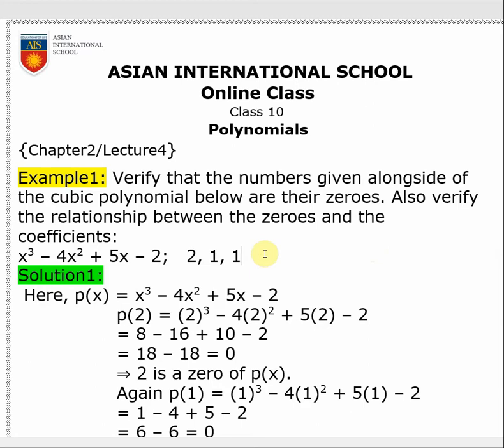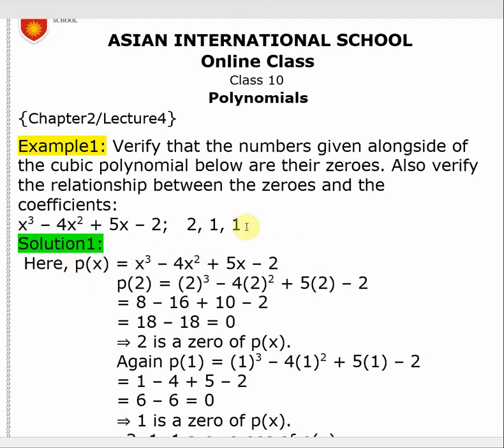Now we have to check whether these are correct zeros of this polynomial. That is verification. Then we have to verify the relationship of the coefficients with the zeros, that means alpha, beta, gamma, with a, b, c, d.